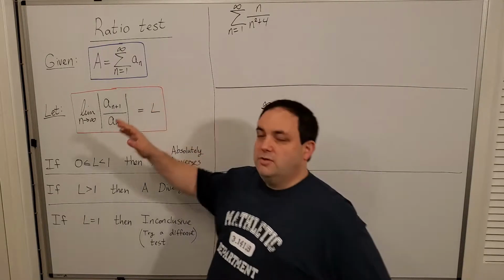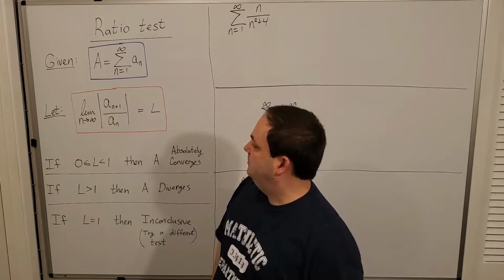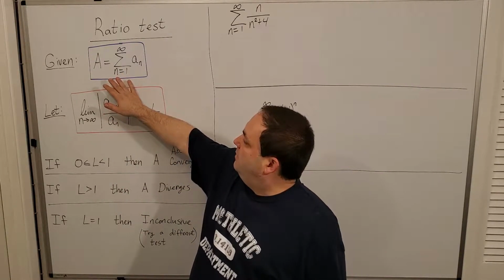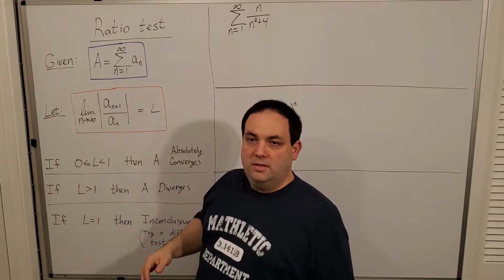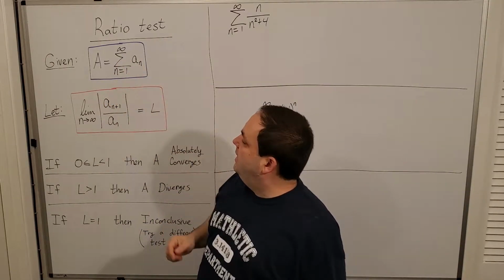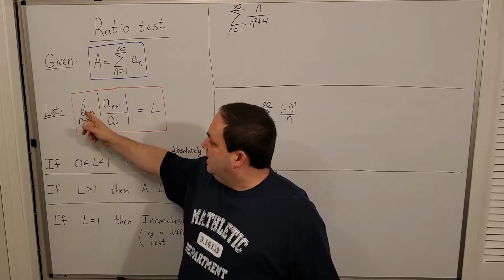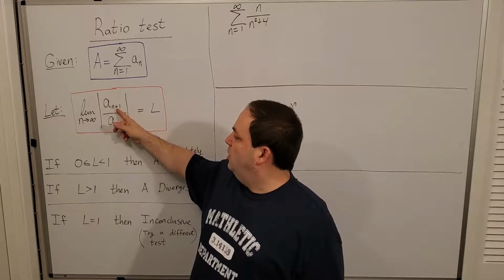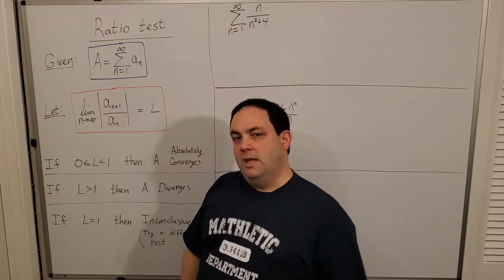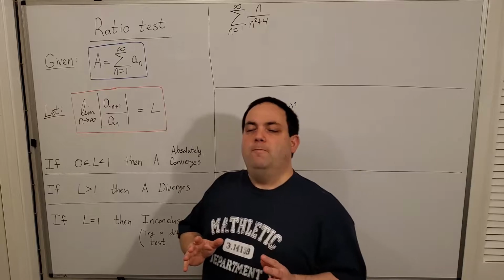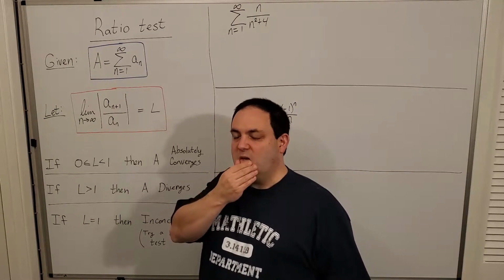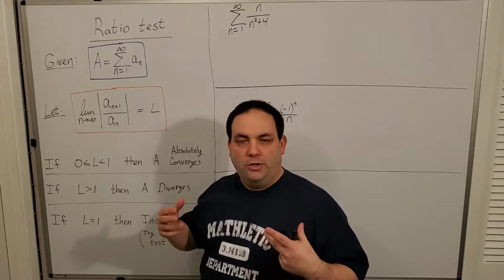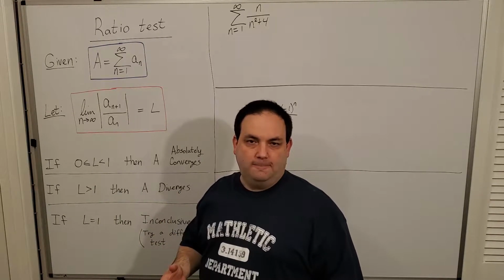Okay, so here's the basics of the ratio test. If you have some series A equals the sum of the sequence a sub n, then I take the limit as n goes to infinity of the absolute value of a sub n plus 1 divided by a sub n. Now let's think about this for a second. Remember, a lot of our stuff where we determine convergence or divergence has to do with whether or not your sequence is decreasing.